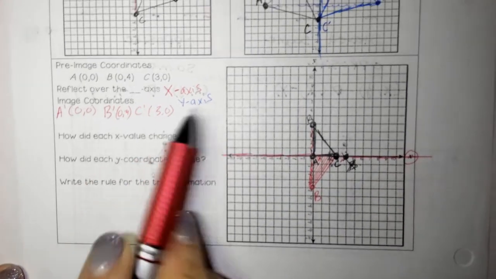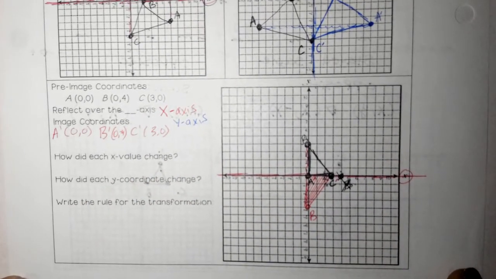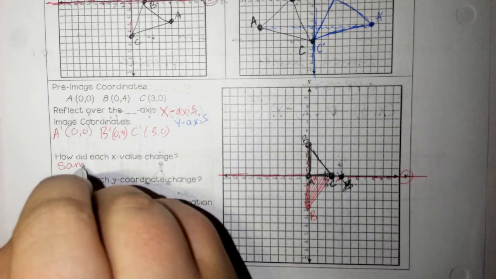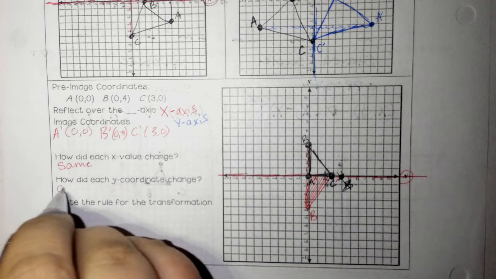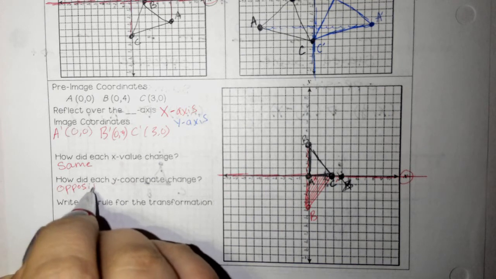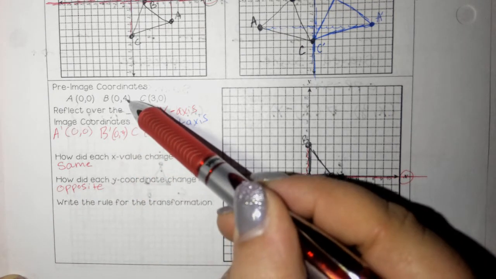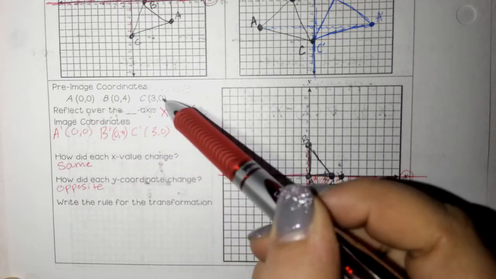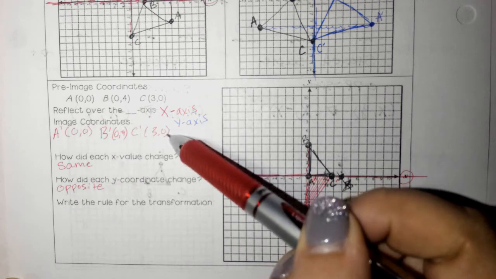How did the x values change when we reflected over the x-axis? The x values stayed the same. And the y values became opposite, which we can see clearly when we look at ordered pair B, because 4 became negative 4. We can't tell that when we look at A and C, because we don't know if this is the same 0 or the opposite 0.